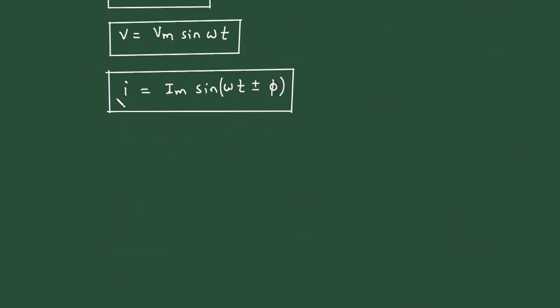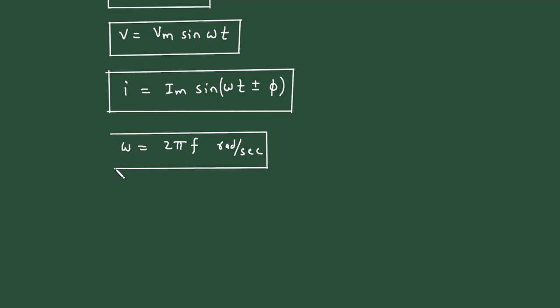So this is current I, where Im is the maximum current and omega is the angular frequency in radian per second, where omega is equal to 2 pi f radian per second, and t is the time in second. Phi is the phase angle.